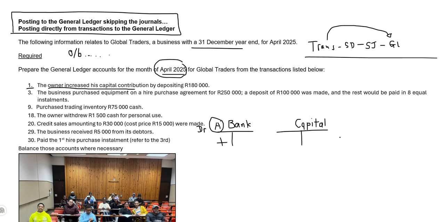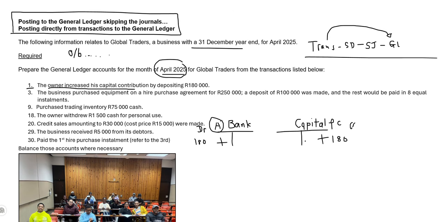According to the business, the owner has a bigger interest in the business because there was an increase in capital, and an increase in capital, the account will get credited. And the amount is 180,000 and 180,000. Now these are just notes or T accounts I'm using to explain this.